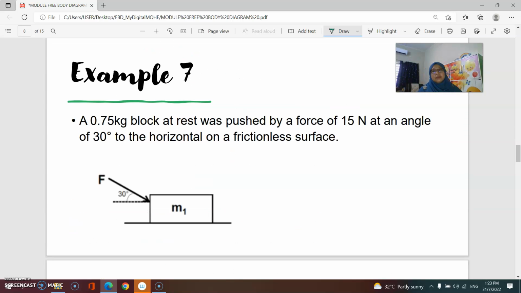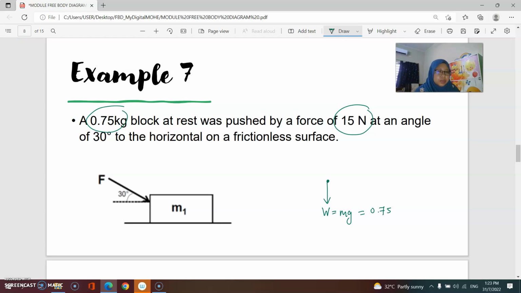Okay, example 7. A 0.75 kilogram block at rest is pushed by a force of 50 Newton at an angle of 30 degrees to the horizontal on a frictionless surface. Let's say we have the object here, the block, and also we have the gravitational force. Because it is mentioned 0.75 kilogram, the formula is mg, so we can just substitute.